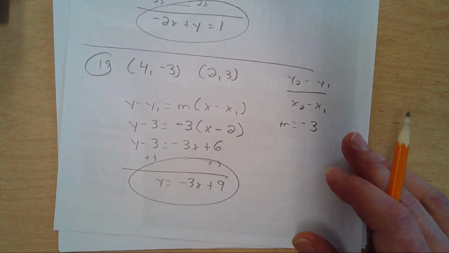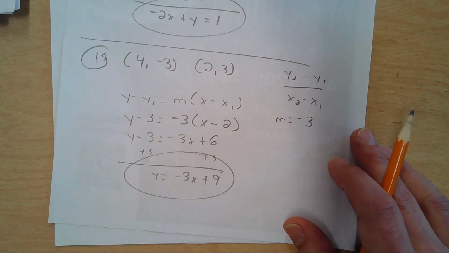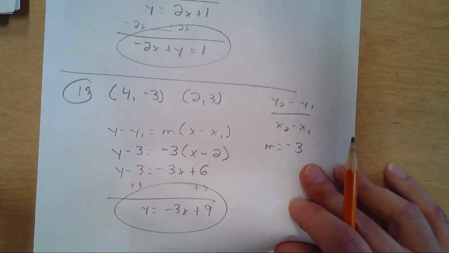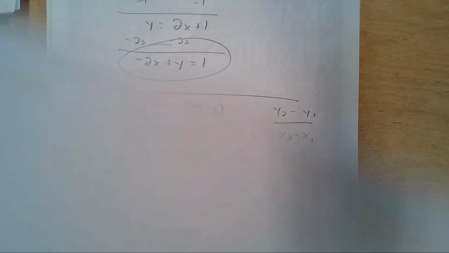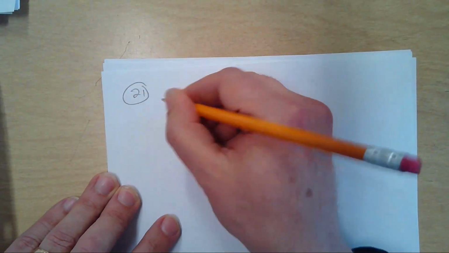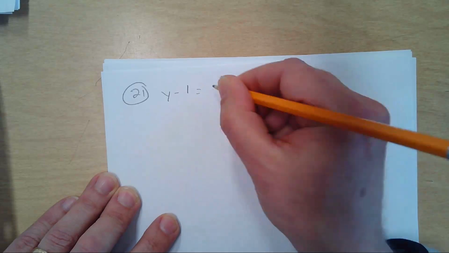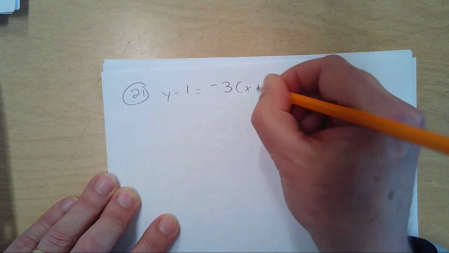Last one, and then we gotta pull the plug here, so you feel somewhat okay about this here? Okay. Let's look at 21, the graphing one here, and then we will move on here as best we can. So y minus 1 equals negative 3x plus 2.